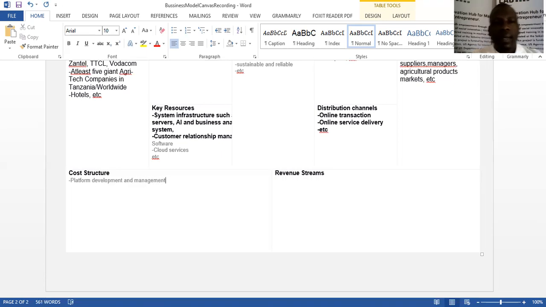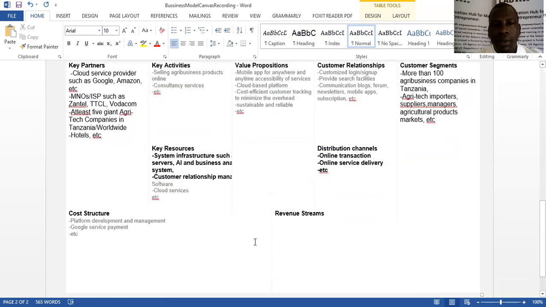Yes, this could be one, because this will need money. But also we could think about the Google service payment, because this is not free. The model is you pay per use. You use the service and you pay for that service. So we will need some amount there.